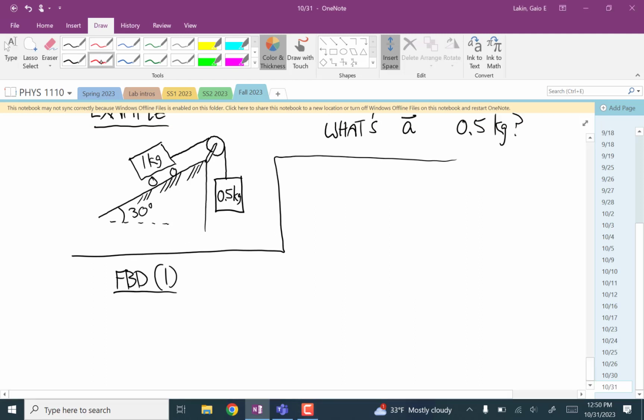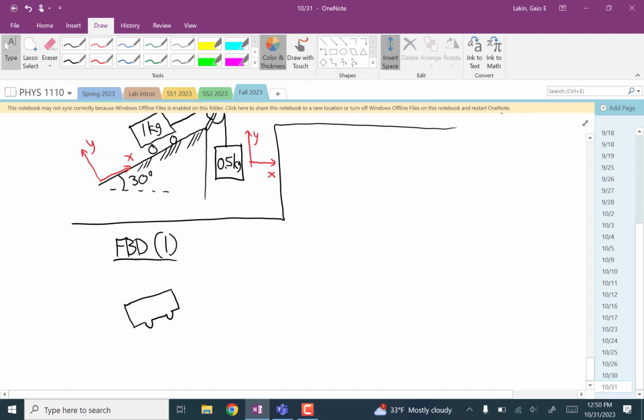Okay, one thing about this is we're going to use a rotated coordinate system on this one and a regular coordinate system on this one. The free body diagram of the cart. By the way, I think I might have just randomly chosen numbers that are going to give 0 acceleration.